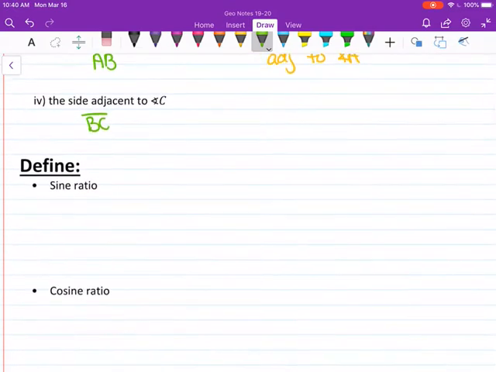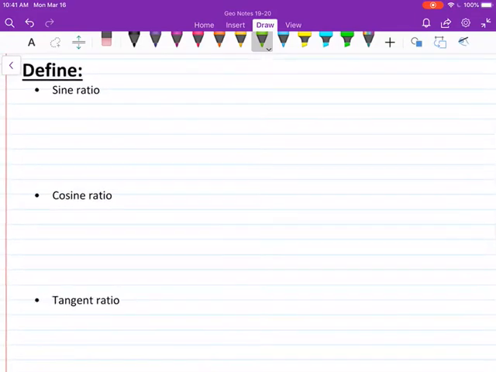All right, next set of definitions are our actual trig ratios. So we have these ratios, sine, cosine, and tangent. We skipped the chapter temporarily on similar shapes, but if we have similar triangles, the ratio of the sides is always the same.